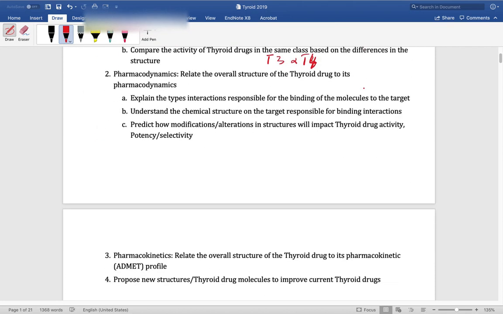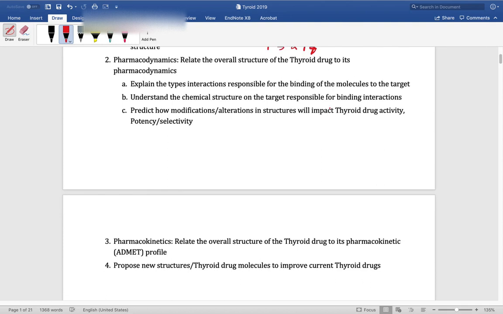Be able to explain the interactions of those drugs, the binding of the drugs to the target, and there will be more of that for propylthiouracil and methimazole. Understand the chemical structure on the target responsible for the binding interactions, and then predict how the modification, alteration in structure will impact thyroid drug activity, potency, and selectivity.